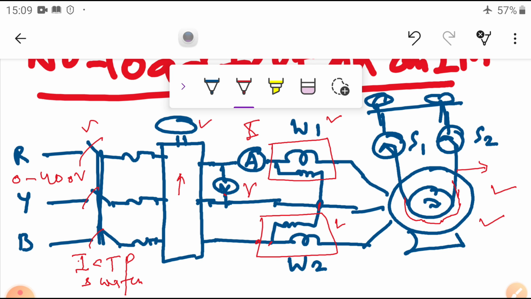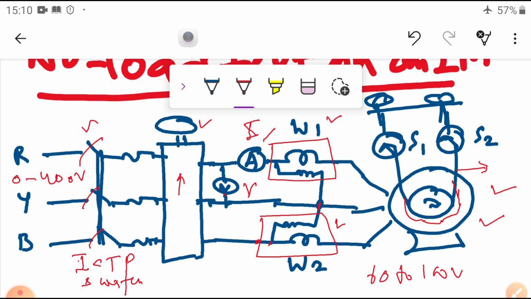Once you increase the voltage, the ammeter will indicate more current, don't bother. The voltmeter slowly increases. At nearly 60 to 70 volts, or nearly 100 volts, it will draw more current from the supply.